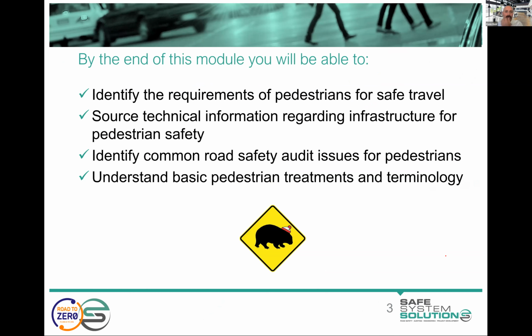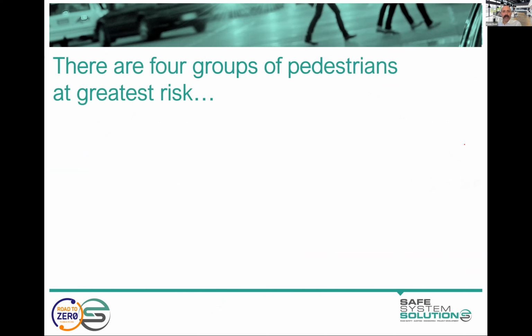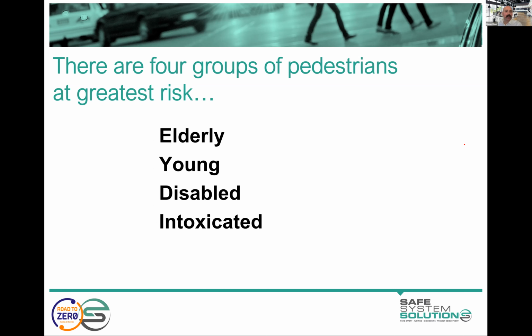For pedestrians, we want to cover off a number of things. What are the requirements of pedestrians for safe travel? We're going to point you at some technical information available, common issues, and then some terminology. The pedestrian groups at greatest risk are the elderly, the young, the disabled, and the intoxicated.